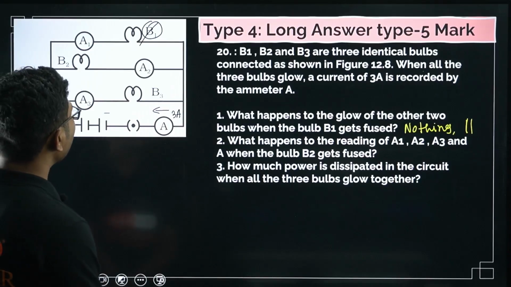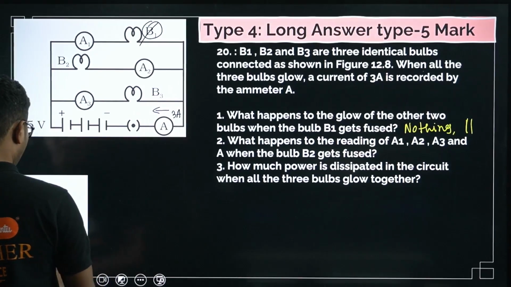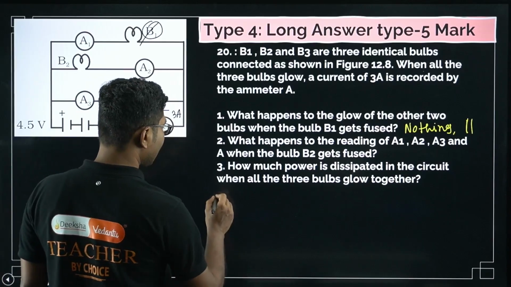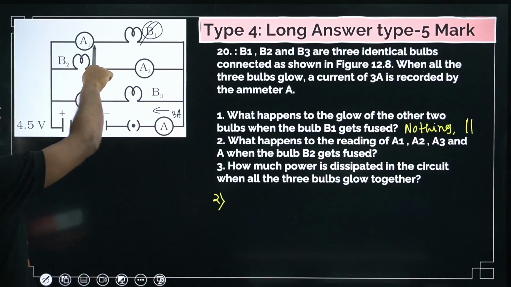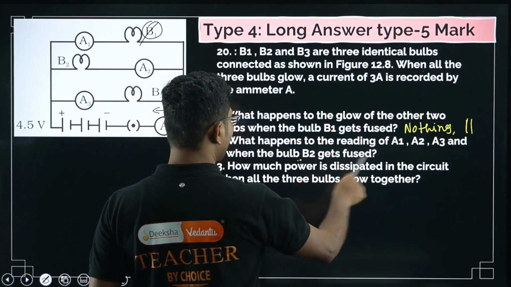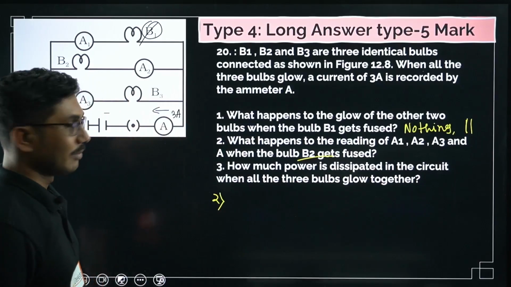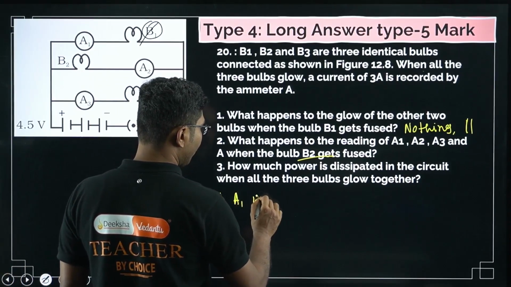So what will happen to the reading of A1, A2, A3? First of all, let's start with all the combinations. What will happen to A1? B1 is now working. Okay, now only the B2 bulb is fused, so A1 will remain same.